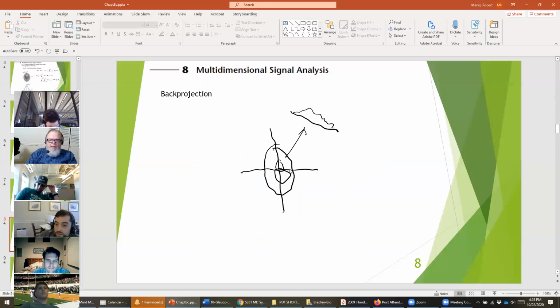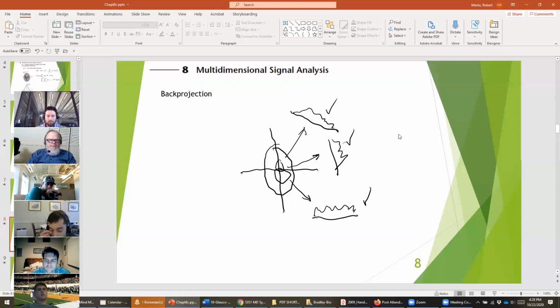We do it this way and we get a projection corresponding to whatever this is. We do it this way and we get another projection. So the question is how do we take all of these projections and reconstruct the original image, right?